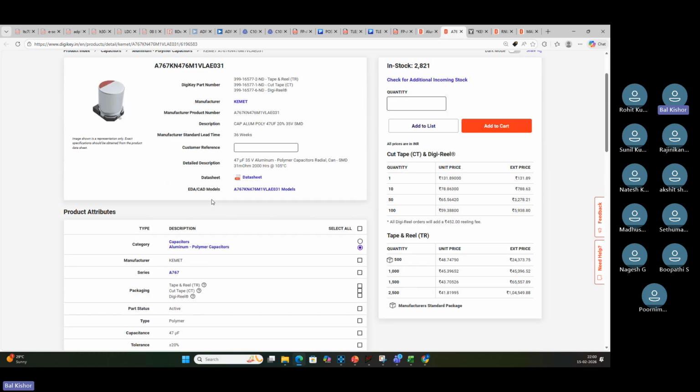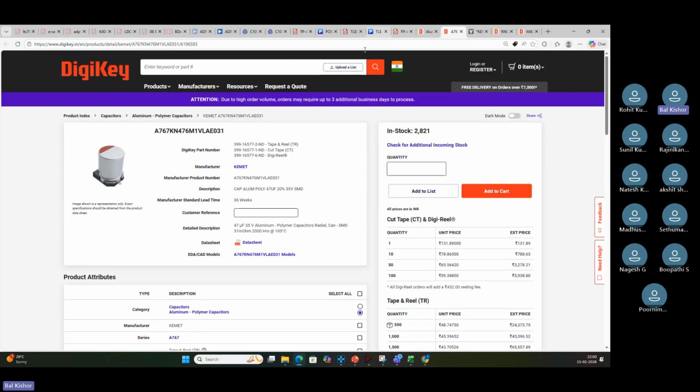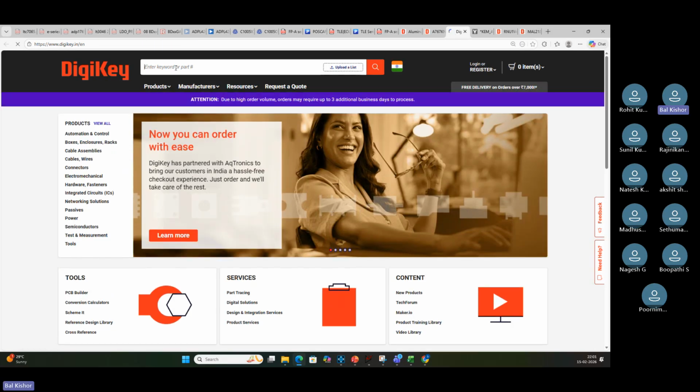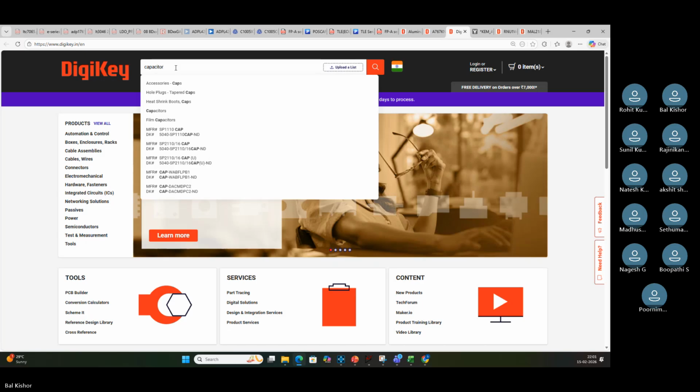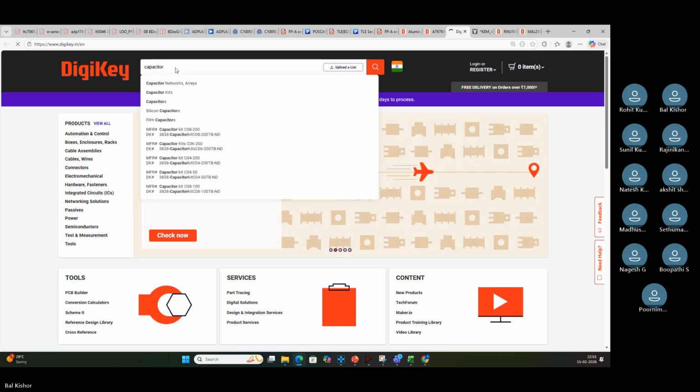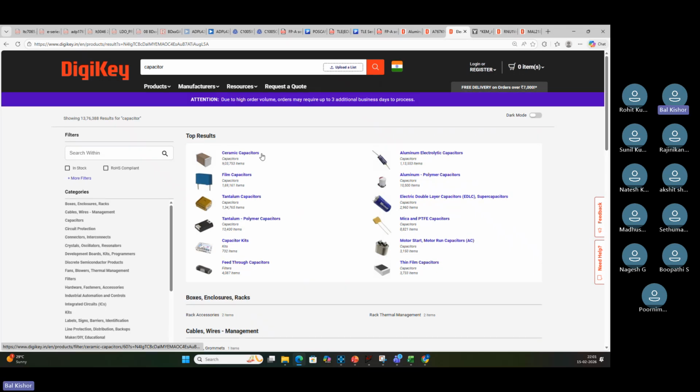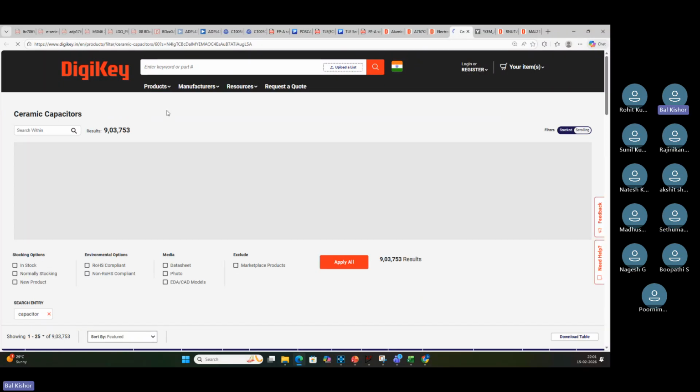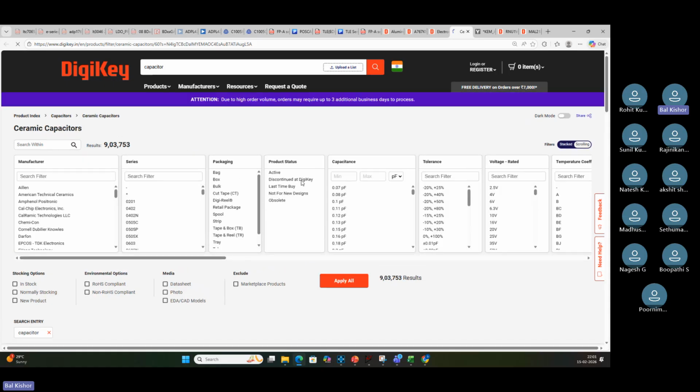If you want automotive, they will be giving you, let's say, whatever value capacitor you want to choose. Let's say a ceramic capacitor you want to choose, or electrolytic. Automotive grade. Yeah, anything will be fine. Okay, let's talk about ceramic. So if you talk about ceramic, and let's say my choice is a 10 microfarad capacitor, 16 volt.